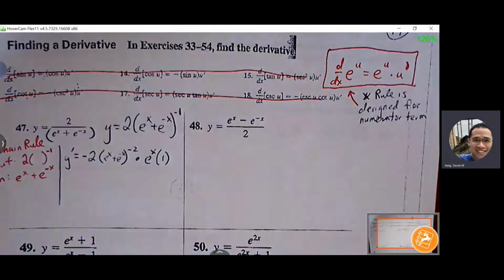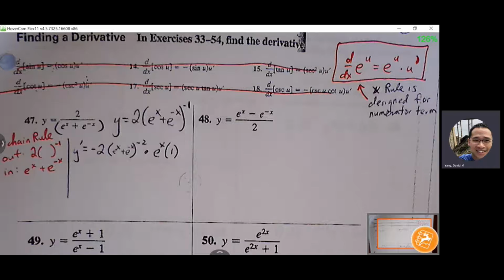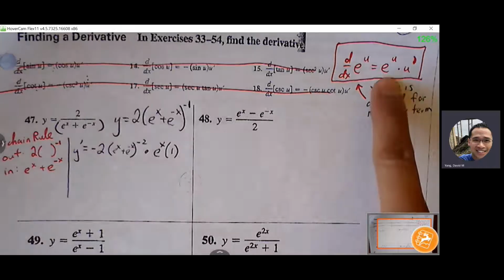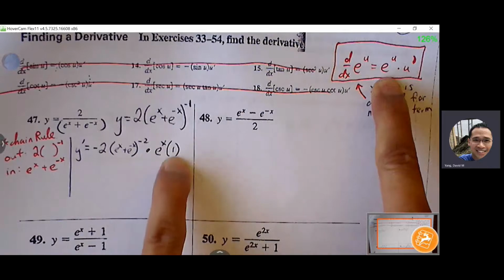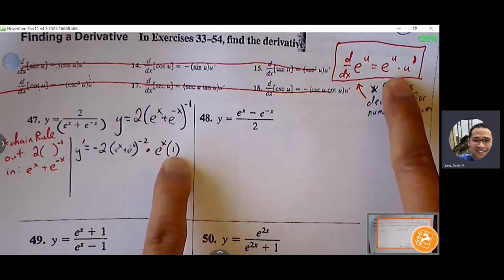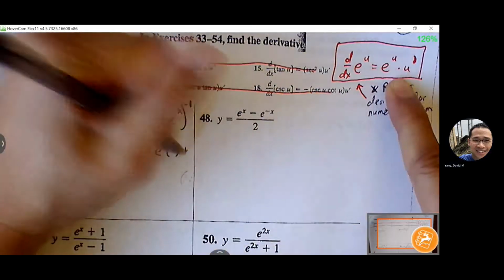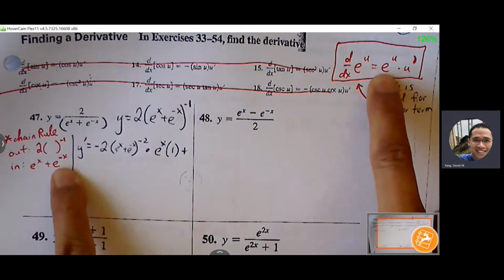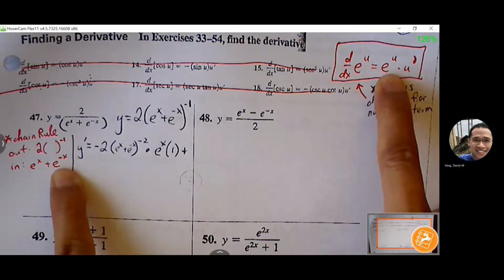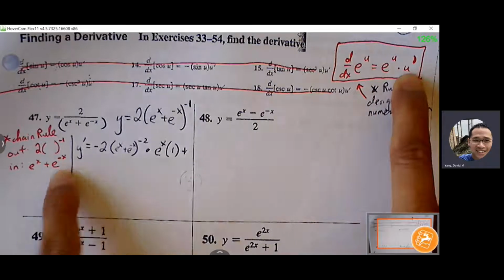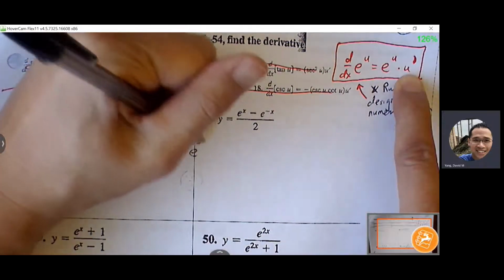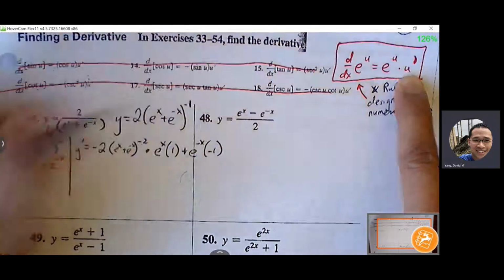You can leave it out if you want, but I just want to keep reminding us that yes, we are applying the full rule. It's just that when it's just x, it's going to feel like nothing is happening. Okay, plus e to the negative x becomes times, good, times -1. Okay, so e to the negative x times -1.